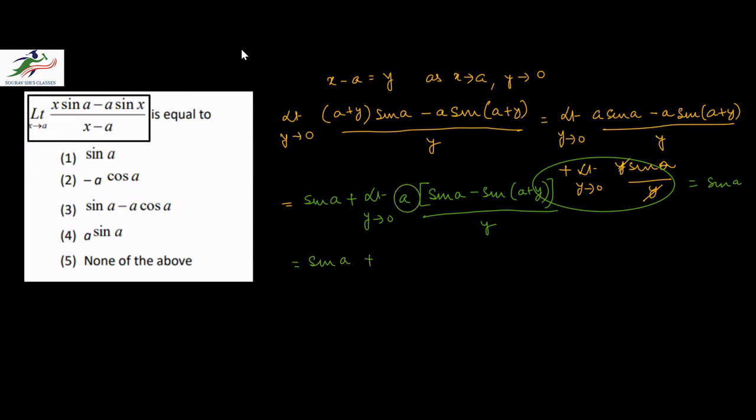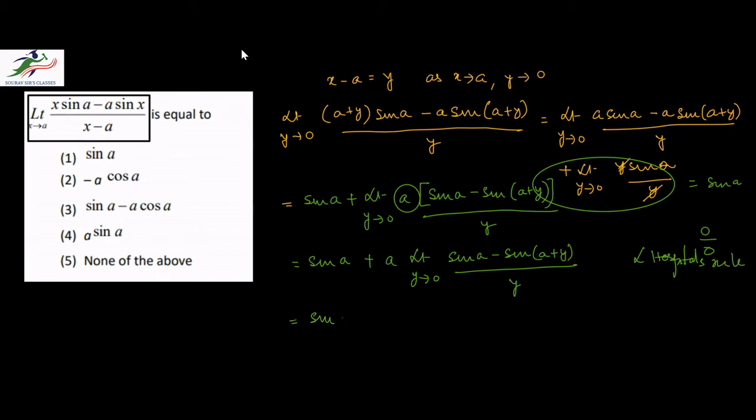Now this, as we can see, is of the form 0 by 0. If we put y equal to 0, the term becomes 0 by 0. So we have to use L'Hospital's rule. That means we have to take the derivative of the numerator and the denominator.